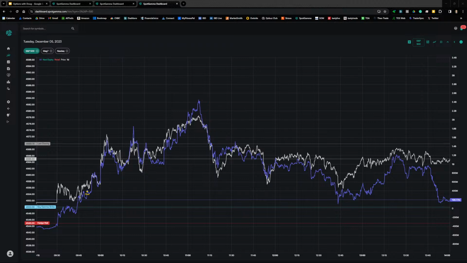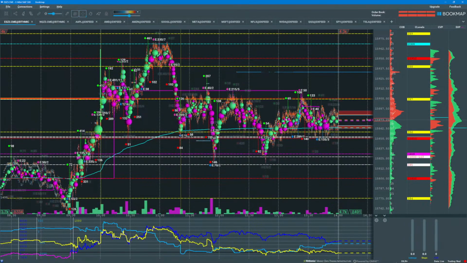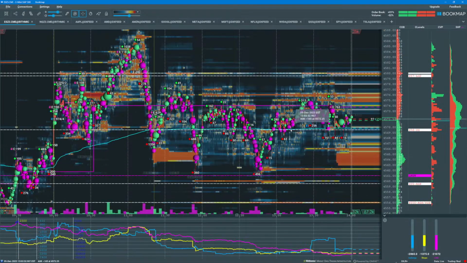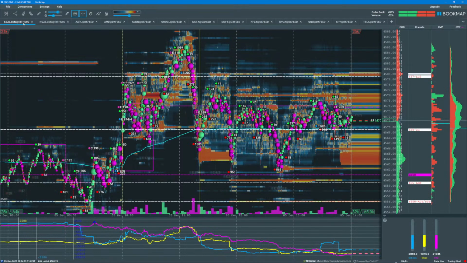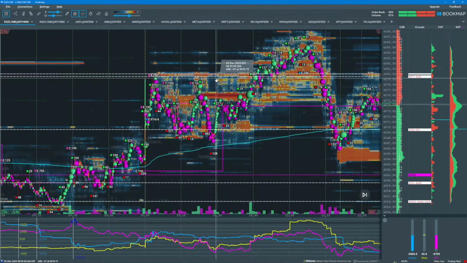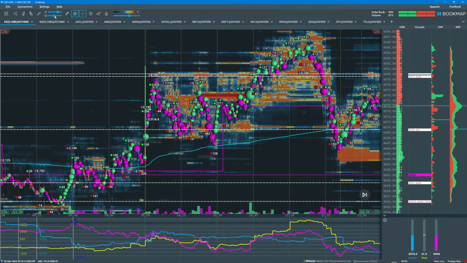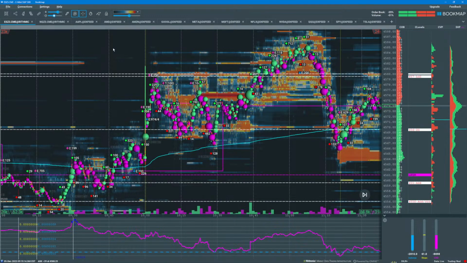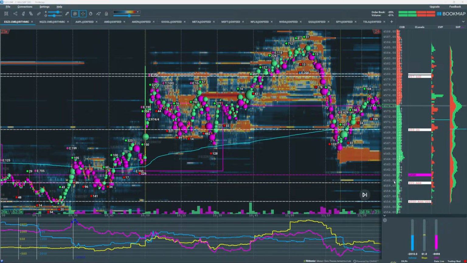All right, let's go take a look at Bookmap. Take a look at that setup in Bookmap. So we'll go back to ES. Going to zoom in. So this is, I mentioned this before, just before the cash opened, that 4550 level, acting as support.